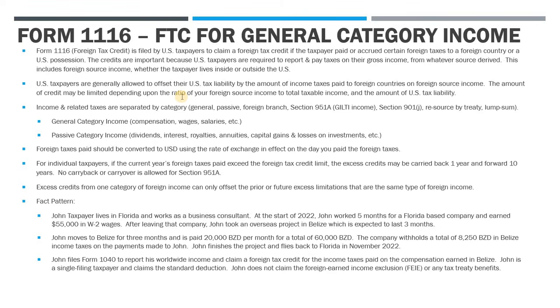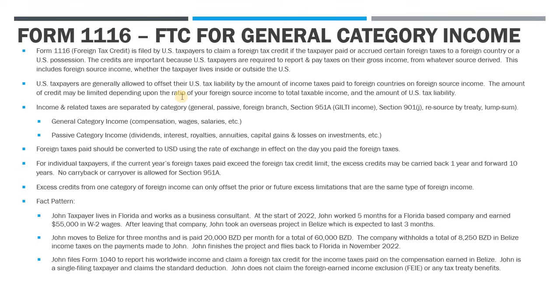So it really largely depends on the ratio of your foreign source income to your overall total taxable income, and then also depends on what the tax rates, right? What kind of effective tax rate do you have in the U.S. versus what was the effective rate paid on your foreign source earnings. And so we'll get into more of those details when we look at the 1116, and you'll see how all that kind of works together.